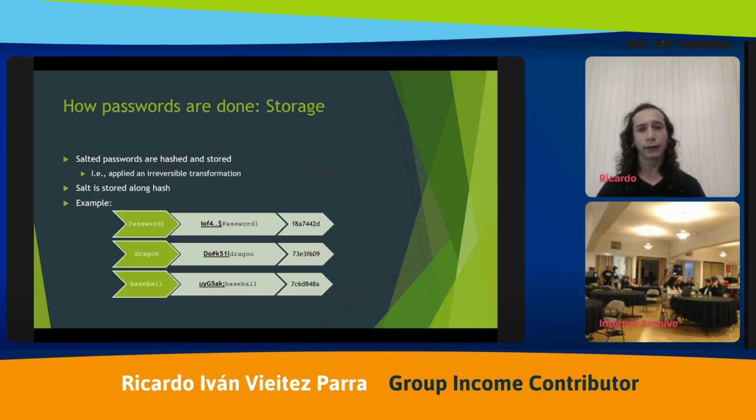And like I said, this hash just means some mathematical transformation that is applied to it that is easy to apply, but really, really, really hard to reverse. So a hash is much longer than in this example, but it looks, for example, something like F8A744, or something like that.